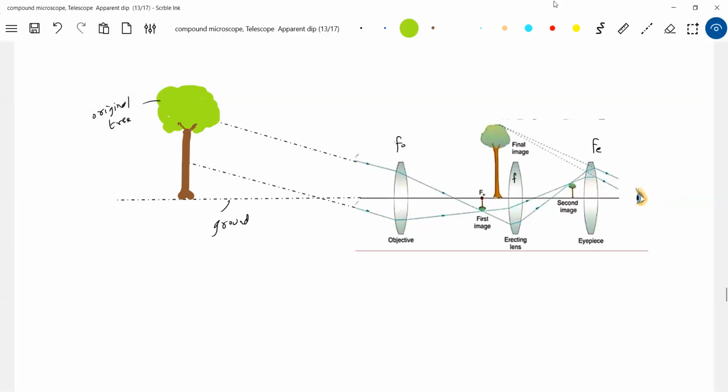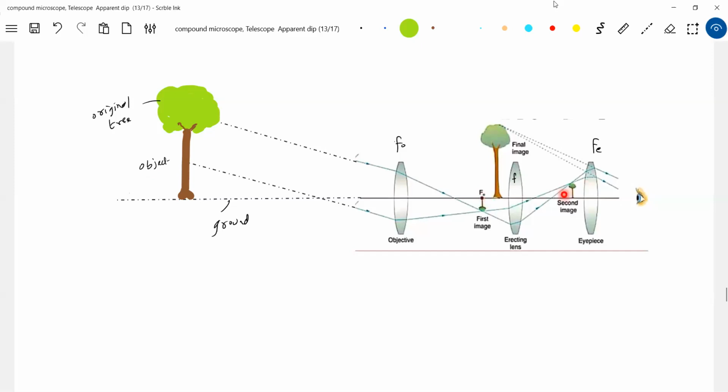So first, there's an object. And there's a second image. There's a final image which is there. I think everything is written clearly. This objective will form the image of this object here, the first image that you can call I1. What this erecting lens will do, it will form its image.